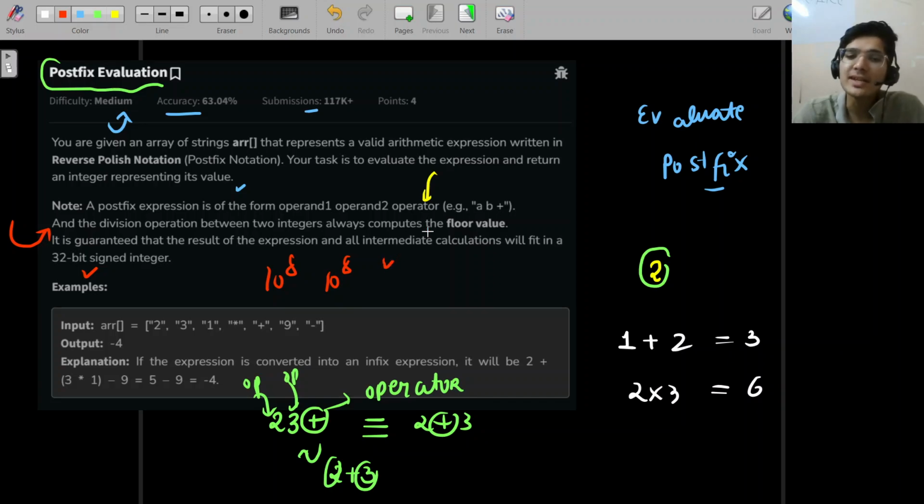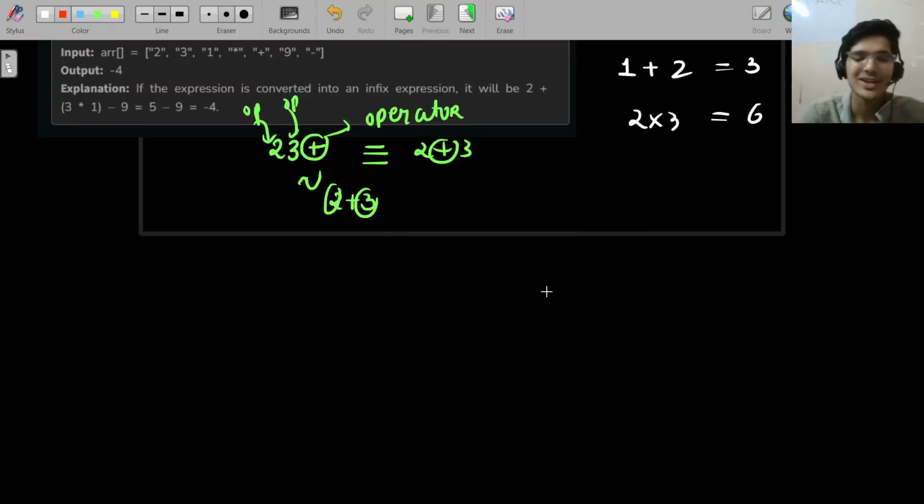That's a good thing. You should know the floor value, the greatest integer function. So 3 by 2 will be 1, not 1.5. Also, you should see the constraints. It has negative elements as well. If you carefully see it, -3 by 2 will give you -1 by default, but that is wrong. You want -2. So you have to handle this. This is one of the edge cases I forgot.